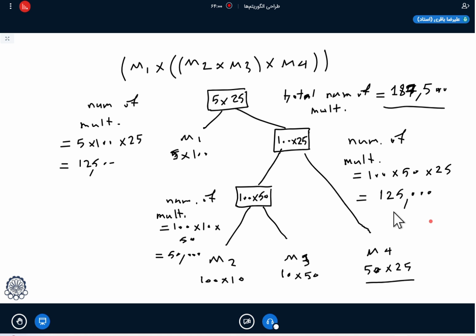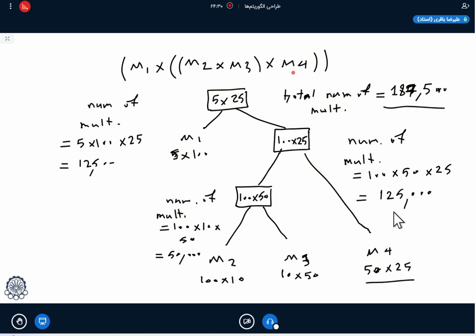Another student asks why we use parentheses. We must use parentheses. We do not have any other options. When you are going to multiply some matrices, you do this multiplication in some order. You should use some order for doing multiplication.